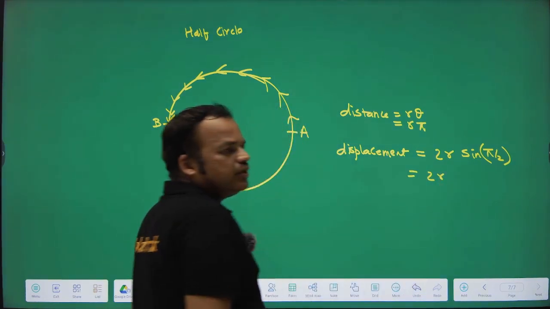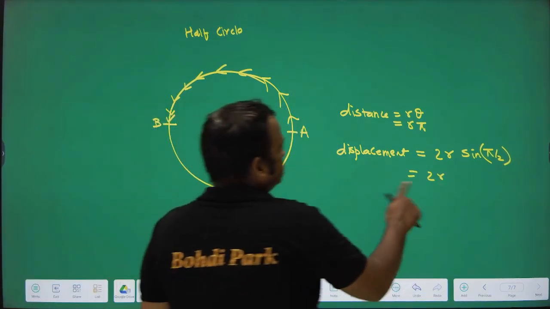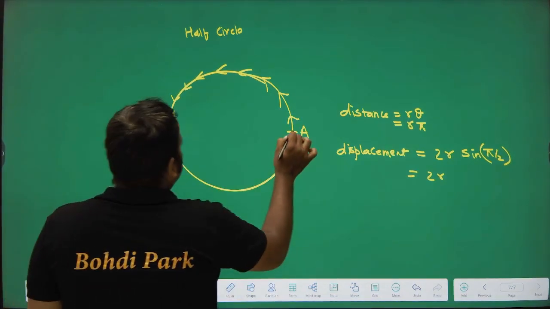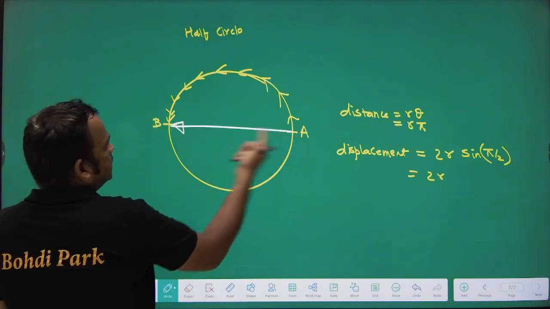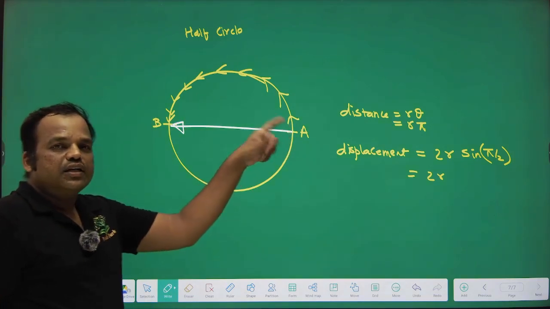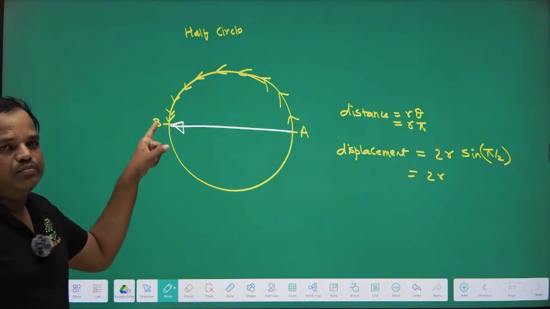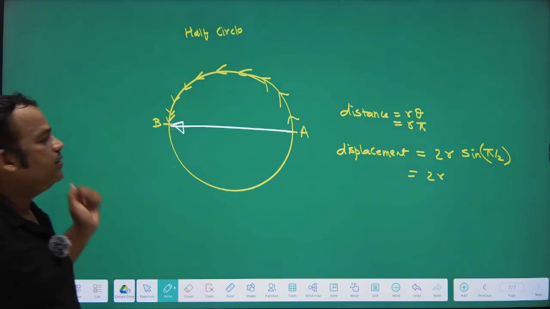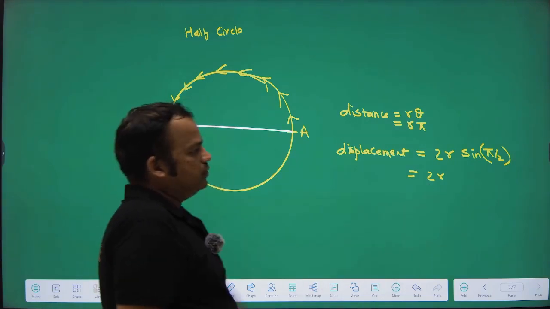Sine pi by 2 is 1. So displacement is 2r, and using geometry also we can draw the displacement vector. This is the displacement vector whose tail is at the initial position and head is at the final position. So the length of this vector is equal to displacement magnitude, which is 2r.